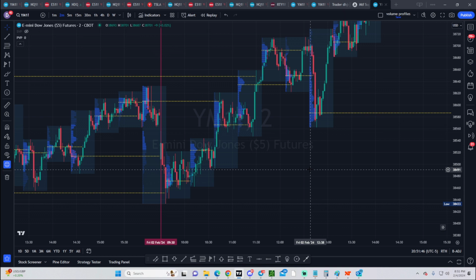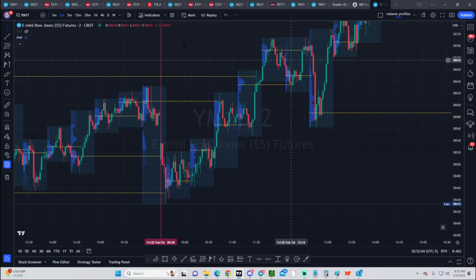So it's very important to pay attention to not only the opening range breakout strategy that I discussed in the beginner's course, but also the N30's, which is naked. The N stands for naked, and the 30 stands for 30 minute POCs.